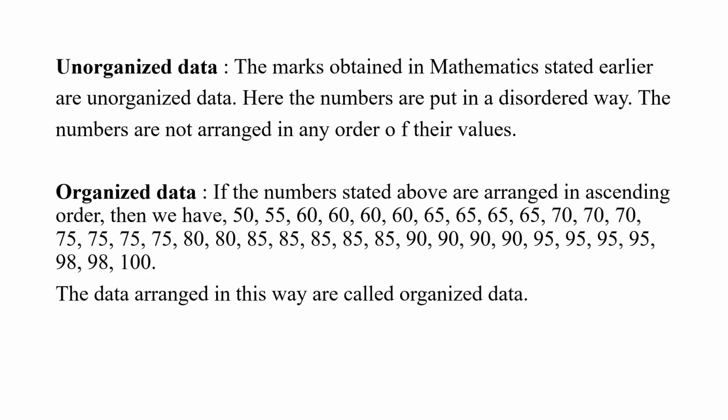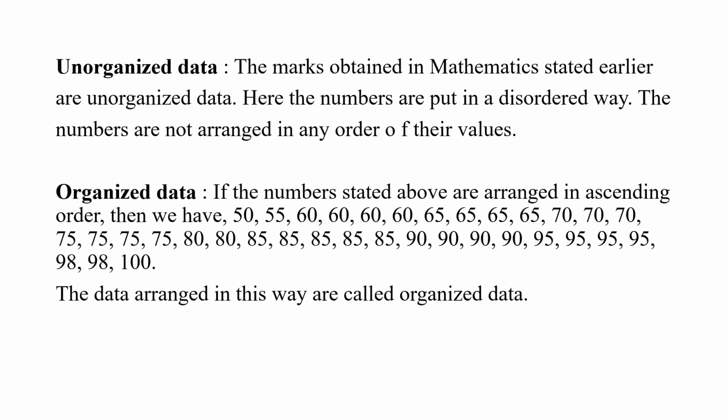Now, what is organized data? If the numbers stated before are arranged in ascending order, then we have numbers 50, 55 to 98, 100. These are organized because these numbers are arranged in ascending order.